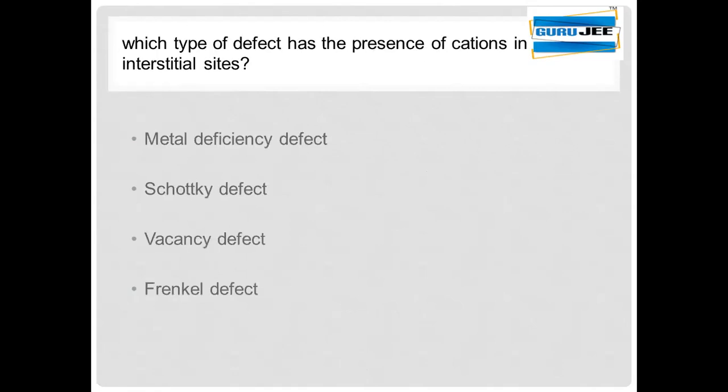Again, another question. Which type of defect has the presence of cations in the interstitial sites? Is it metal deficiency defect, Schottky defect, vacancy defect, or Frenkel defect?